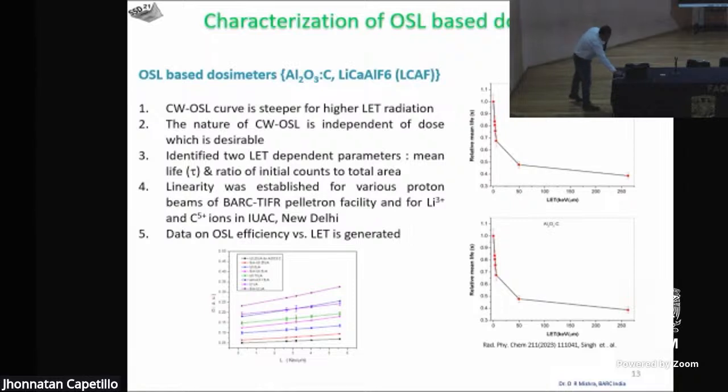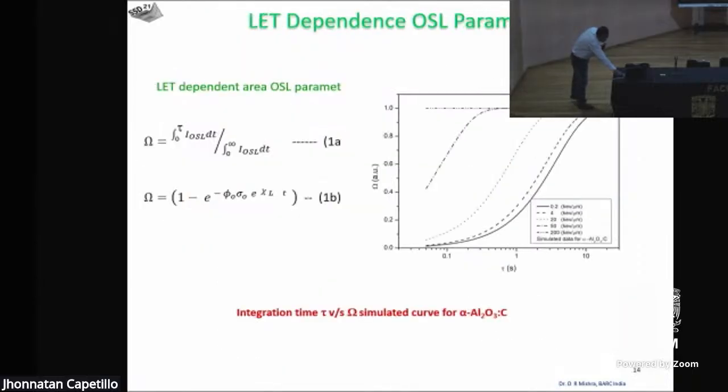So these are some plots, and they show how these ratios change with LET, and the cross section increases with increase in LET. And if you simulate and formulate the equations, what you will find is that the photoionization cross section has a very deep connection with the LET of the particle.